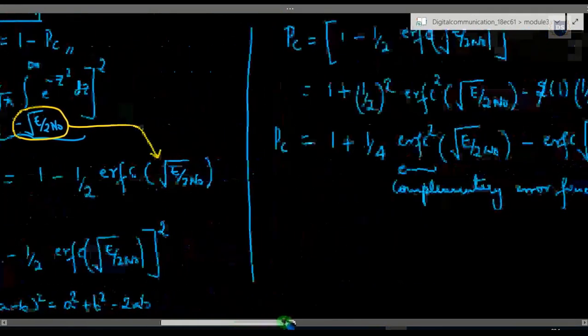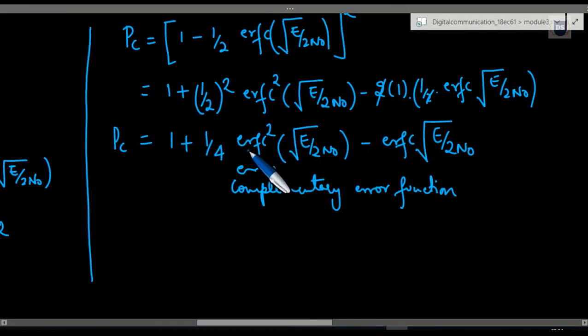And here is where we have not just the complementary error function, but it is getting squared, which means we'll in turn land onto a very small number. And as a matter of fact, I can also think of this number, which is the square root of E by 2 N naught.